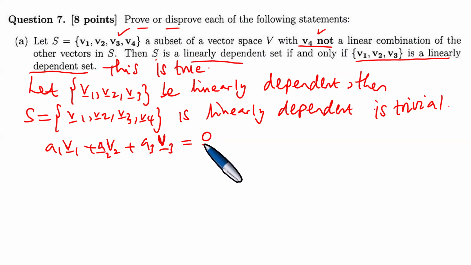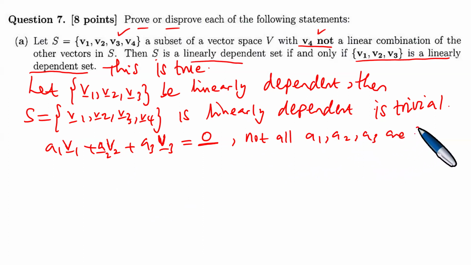Is equal to what? It's equal to 0. Okay, because it's linearly dependent, but you're saying not all A1, A2, A3 are what? Are 0. Okay, you can write like that. Okay, now you're starting with this one is linear dependent.